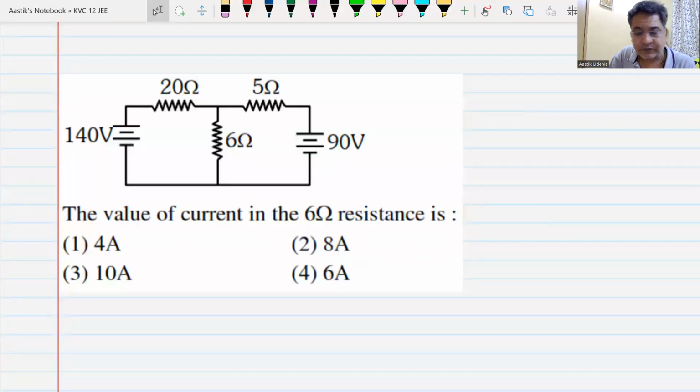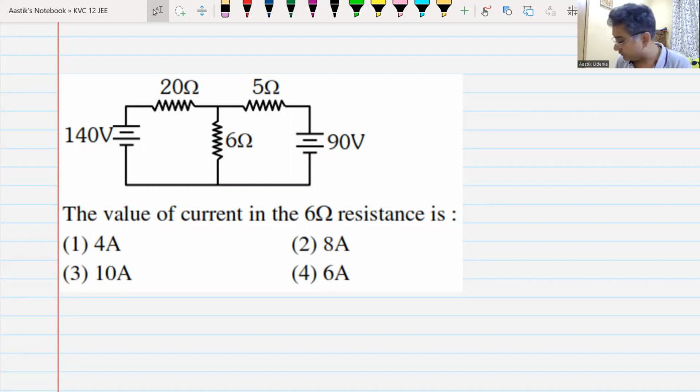The question is: find the value of current in the 6 ohm resistor. I'll give you 2 minutes. What is the answer for this one?